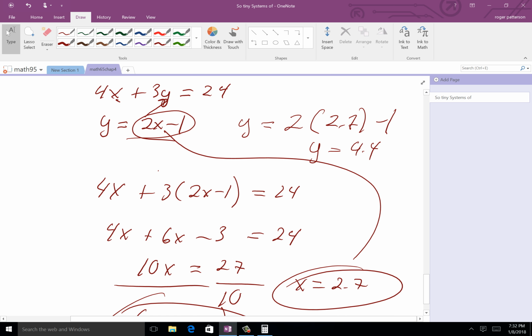If this would be an exact test or quiz question, I'd say do it by substitution, verify by graphing. You did it by substitution, you show me your work, you go to your Desmos, you type it in, everything works out, you get the problem right, you're feeling good, all right? Going to get an A, you're all excited, you move on to the next problem, right? So that's kind of what we'd be doing.